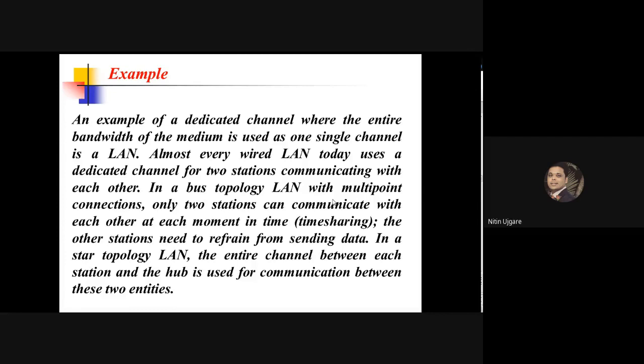The other stations need to refrain from sending data. In a star topology LAN, the entire channel between each station and the hub is used for the communication between these two entities. We have seen these different network topologies way back.